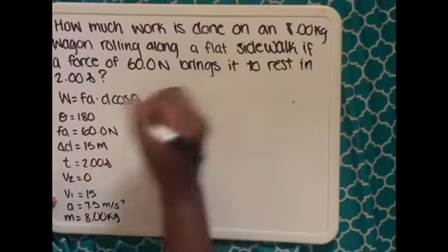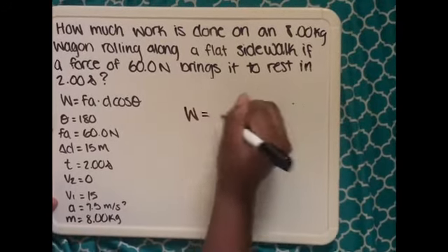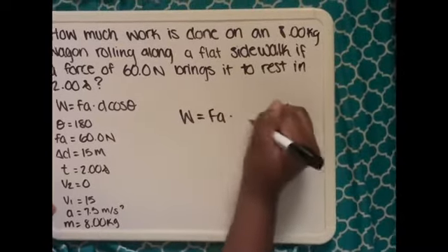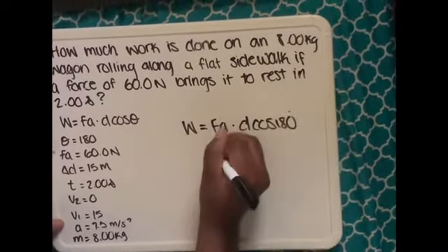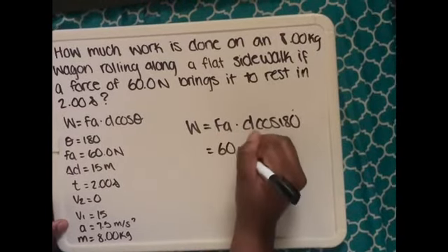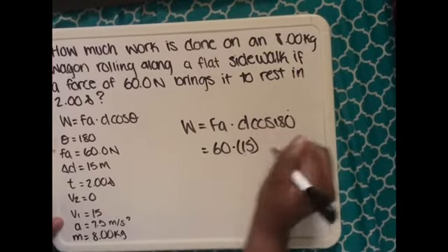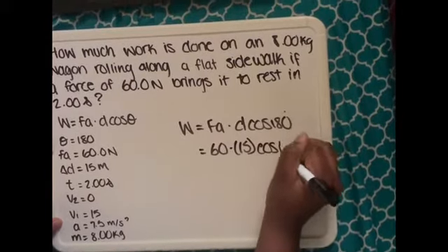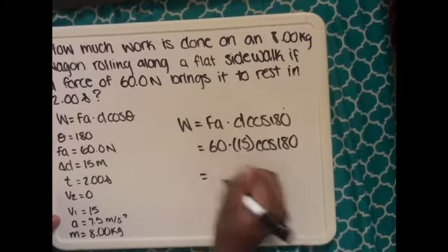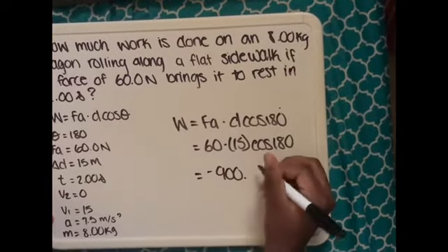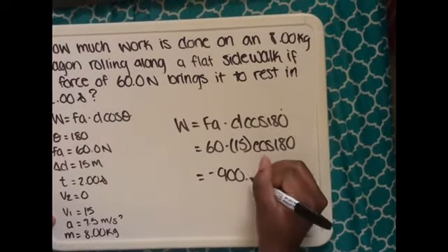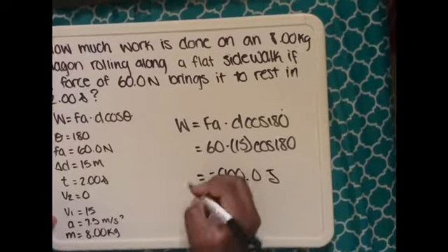Now you can go back to your work formula and do work is equal to Fa times d cos 180, which is equal to 60 times 15 times cos 180, which is equivalent to negative 900.0 joules is your work.